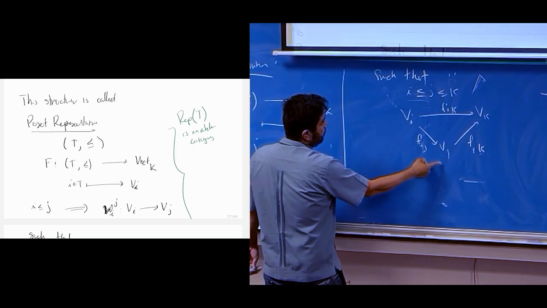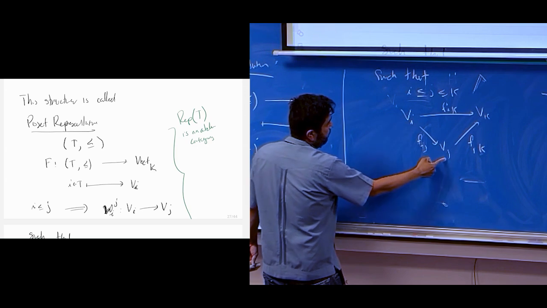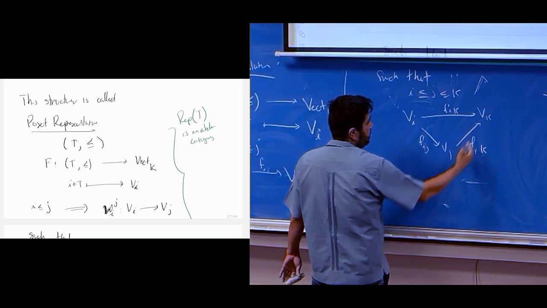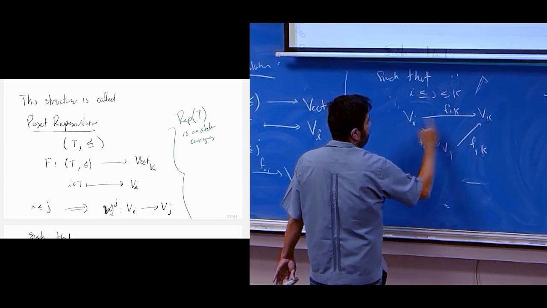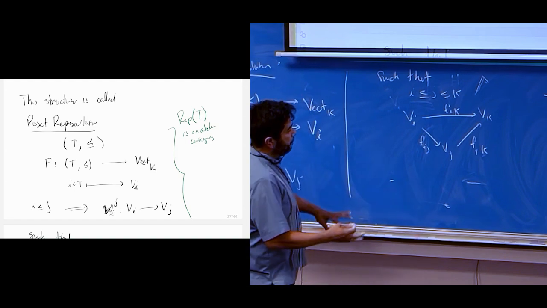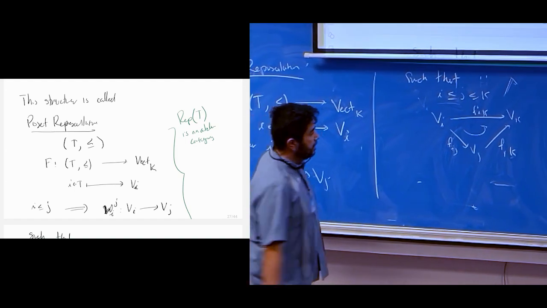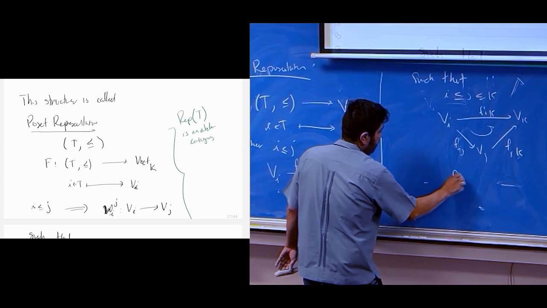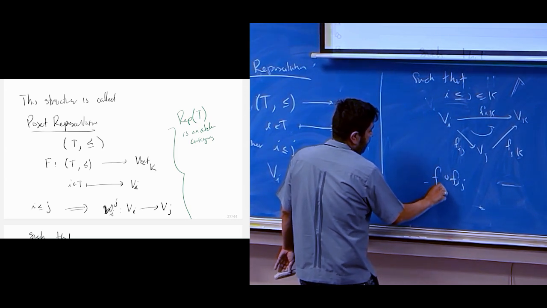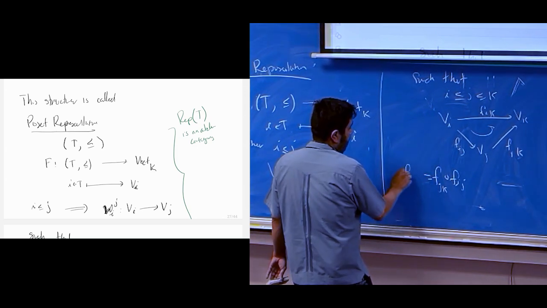We have this function because I is lower or equal than J, and this function because J is lower or equal than K, and we need this diagram to commute, which means F_ij composed with F_jk is equal to F_ik.